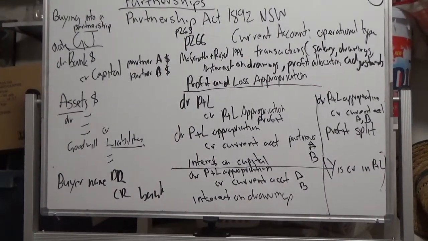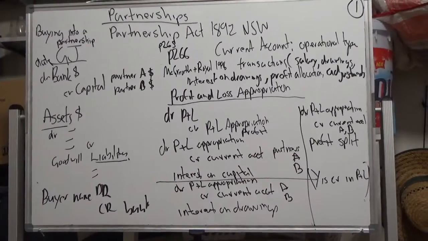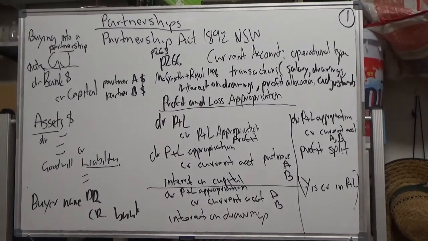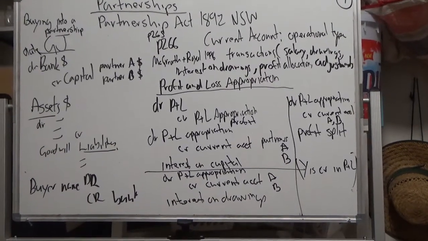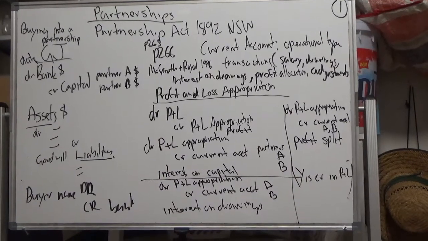So the format is new capital, debit bank, credit capital, and all the different partners' capital has to be listed too. And general journal partner A and B, I just tried to keep this summarised, otherwise it gets too confusing.